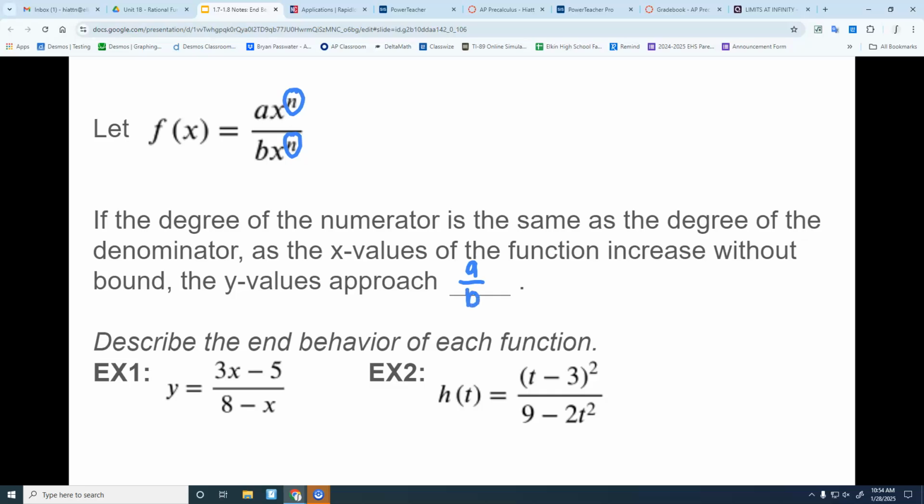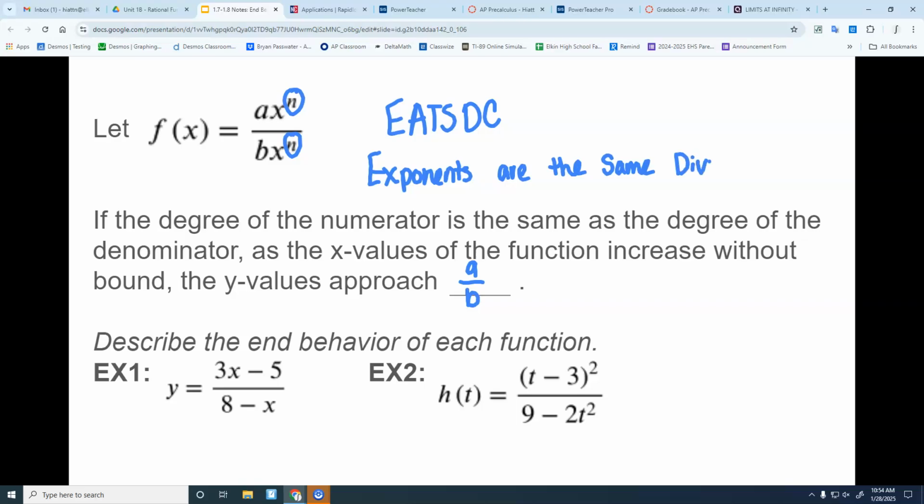And my shortcut for this is EATS DC. EATS DC stands for exponents are the same, divide coefficients.